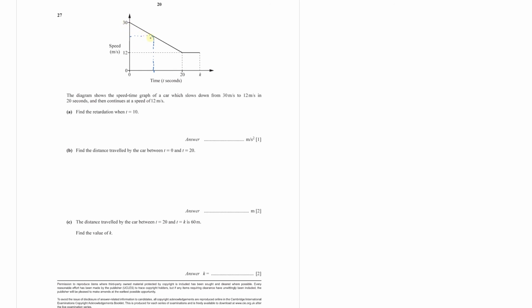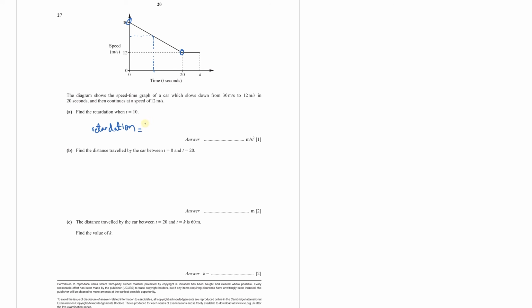So since this is a straight line, your deceleration or retardation is basically the gradient of the graph. So if you find the gradient anywhere between these 2 points, you will have the same value. So I can simply find the retardation by looking at these boundary values, since the retardation is same constant throughout, because it is a straight line, the gradient is constant.